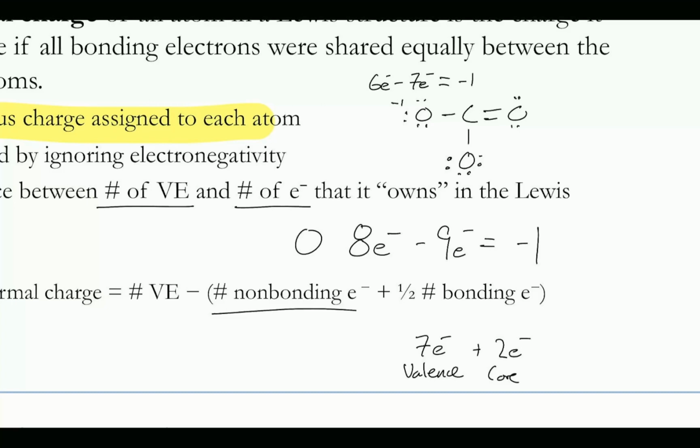If I cut the bonding electrons in half, that's a total of 6. Oxygen brought 6 to the party, minus the 6 that it has in the structure, equals a formal charge of 0. Carbon brought 4 electrons, and it's got 1, 2, 3, 4 electrons from those bonds, so a formal charge of 0.